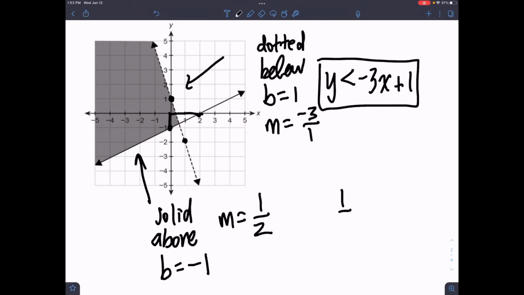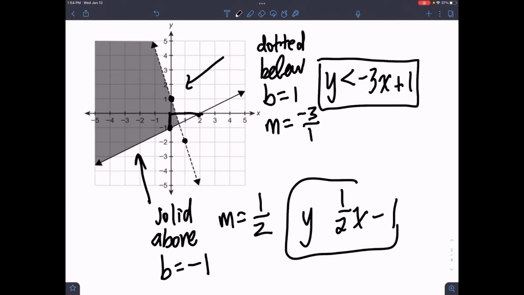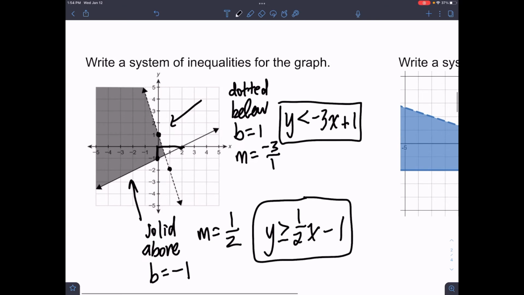Up 1 over 2. mx plus b. There is our inequality. We got to pick the sign though. It is solid, so we'll see a line here. And it's above, which is greater than. That's it. Those two together form the system that would generate this picture.